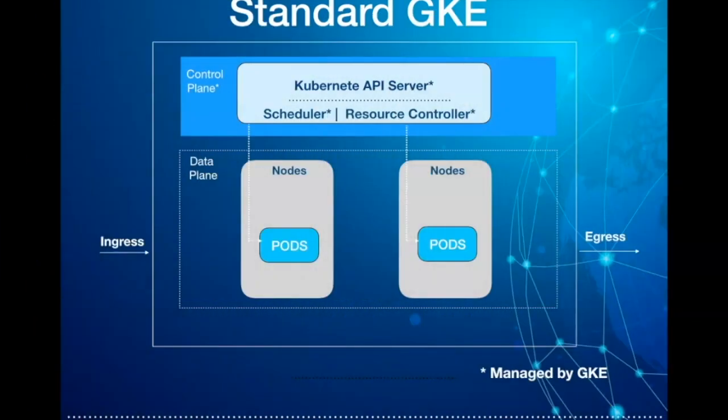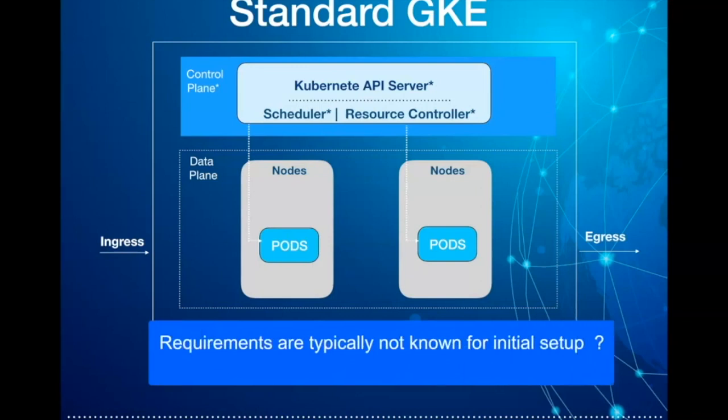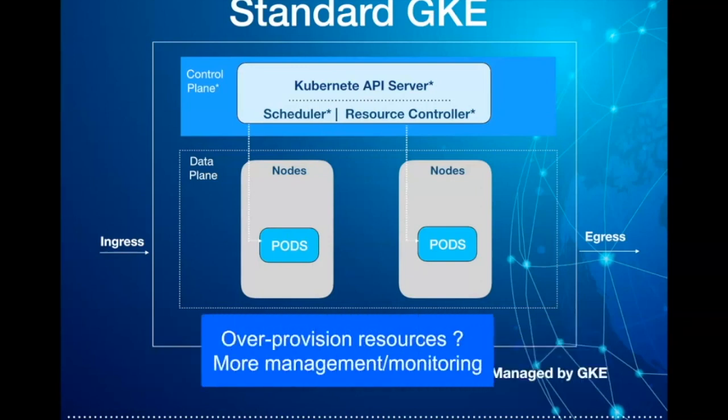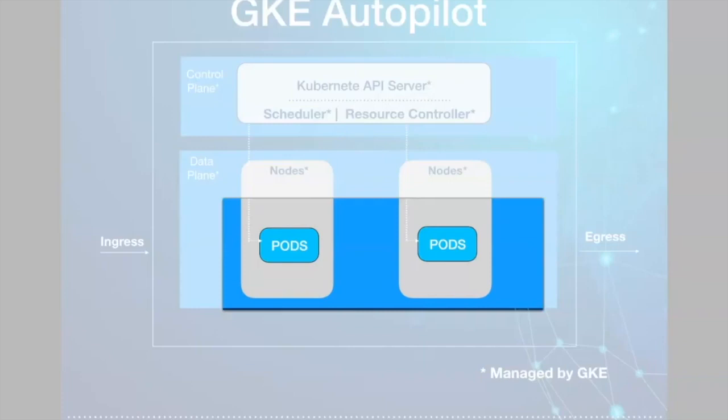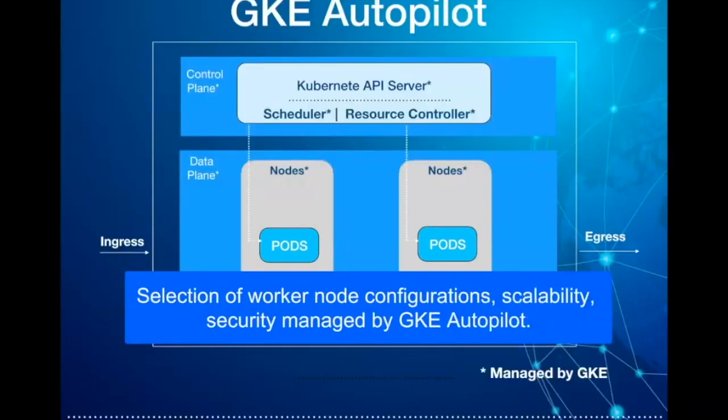Often these requirements are not known during your first deployment, and you may try to over provision the resources and you end up constantly monitoring and managing your nodes. With GKE Autopilot, all these management requirements are offloaded as a managed offering, and you just need to deploy the pods and leave the selection of worker node configuration, scalability, and security requirements to GKE Autopilot.